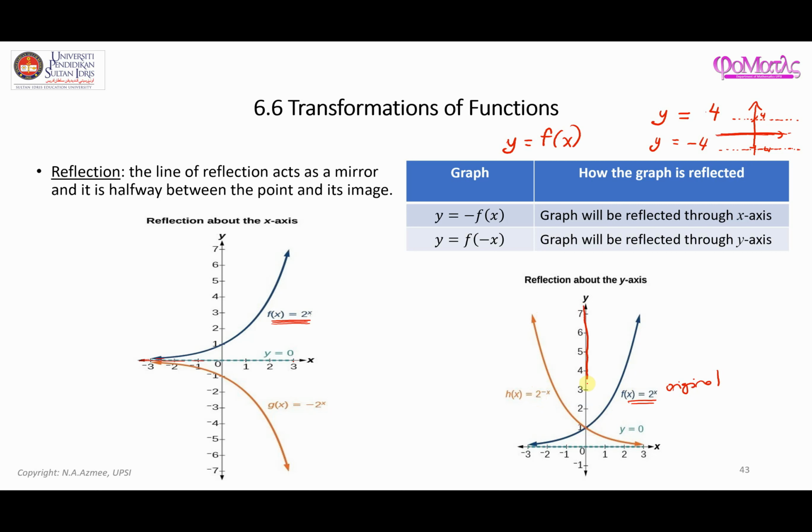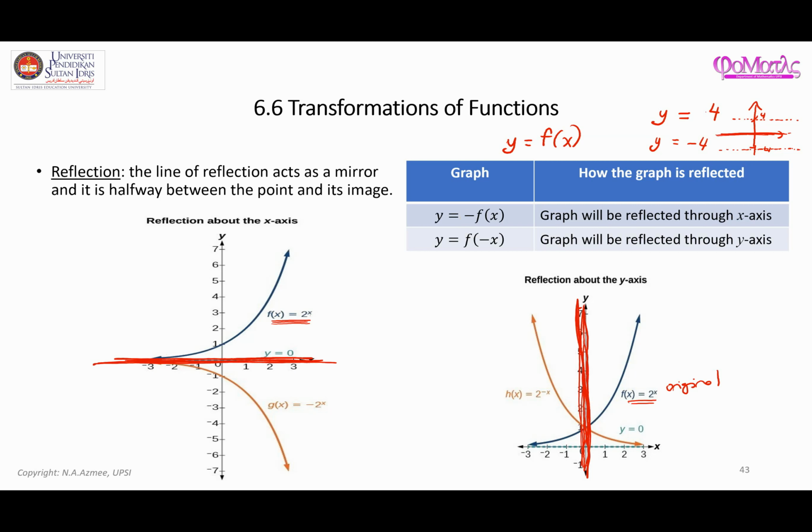This is the mirror, so the graph will be reflected on this y-axis. If the negative is outside, the graph will be reflected on the x-axis.